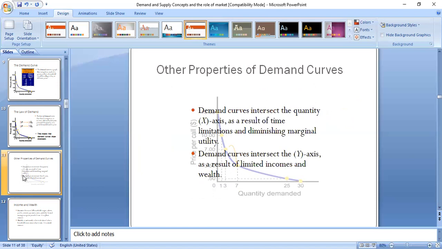All right. So this demand curve illustrates what we call the law of diminishing marginal utility. It is one of the reasons it's downward sloping.